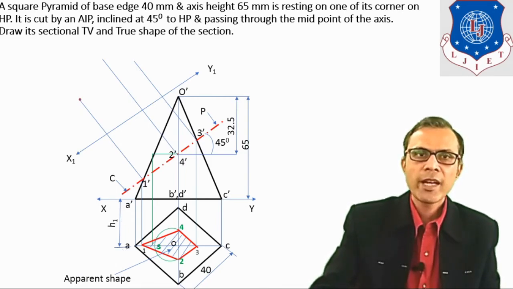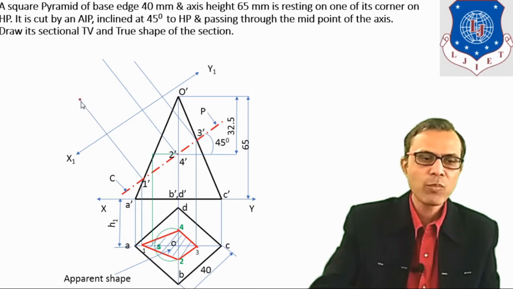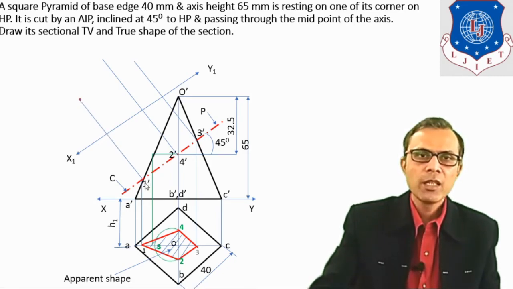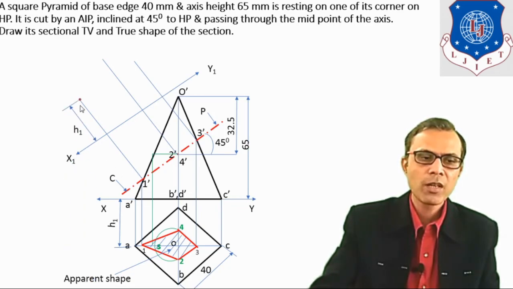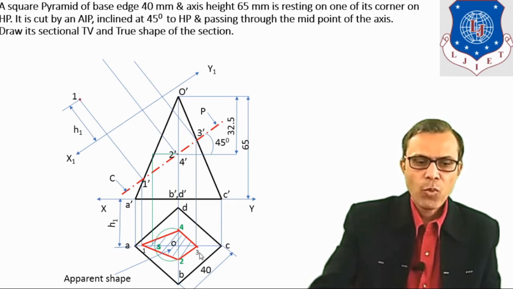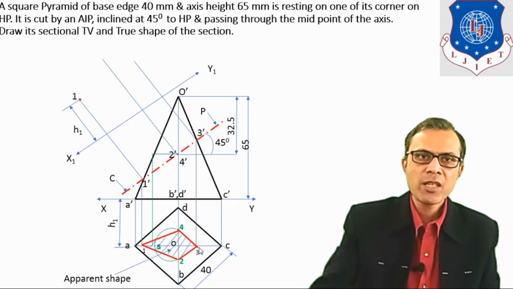So with that similar distance, we have to mark the point on this projector drawn from the point number 1 dash. So here it is the point number 1 at a distance of H1. Point number 3 is at the same distance from XY line. So mark this point number 3 at the same distance from x1 y1 line.